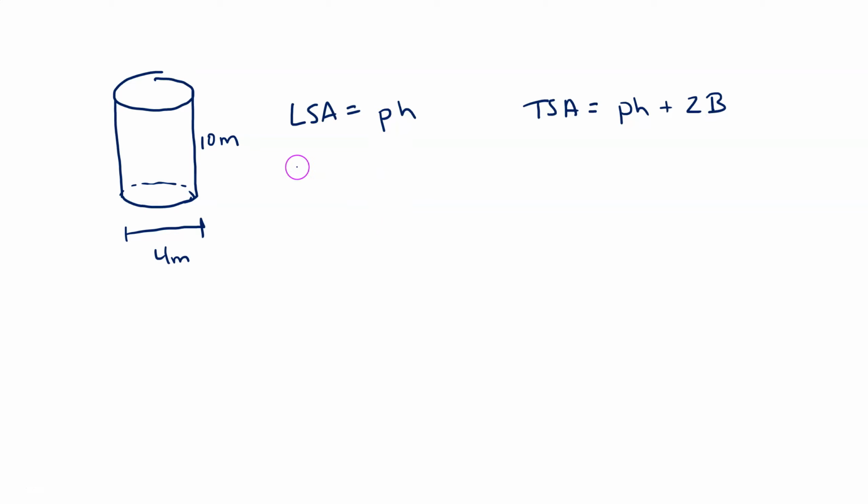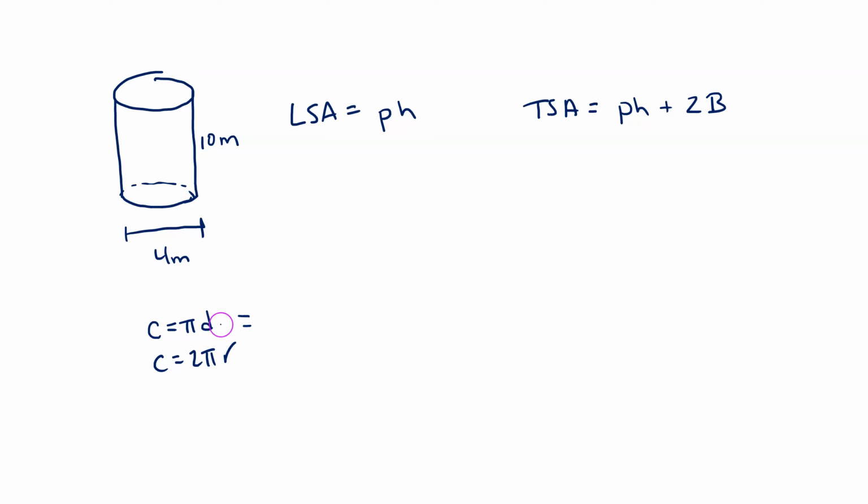Okay, so we're looking at the perimeter of this shape. Well, this shape is a circle, and we know that the perimeter of a circle is a circumference, and circumference is pi times diameter, or you could think of it as 2 pi times radius. We are told our diameter, and if you wanted to use this formula, you just divide your diameter in half to get radius.